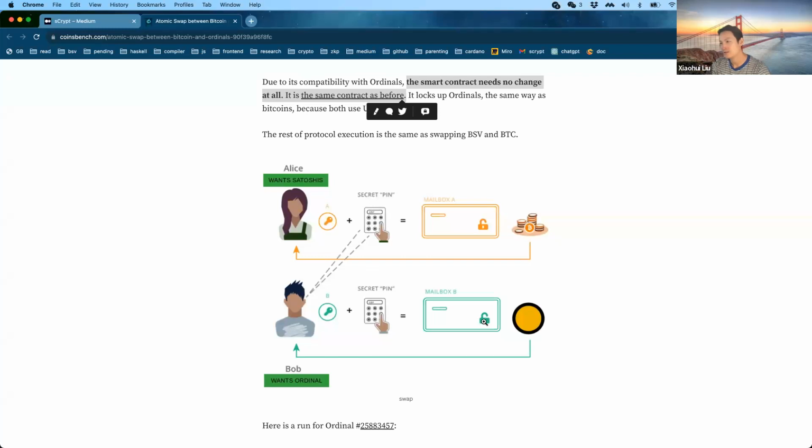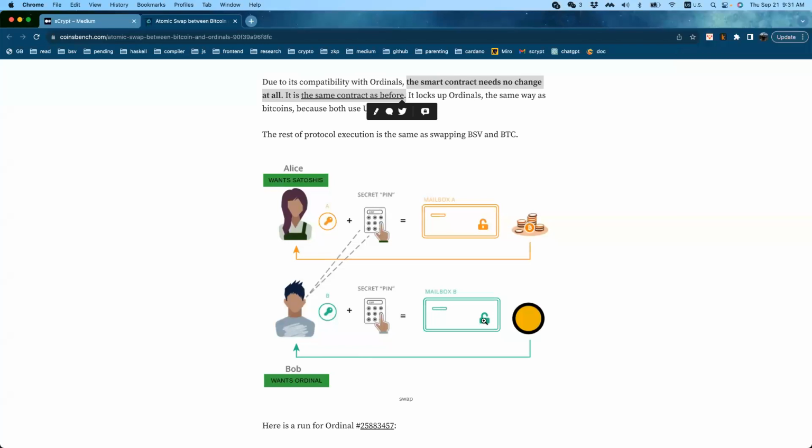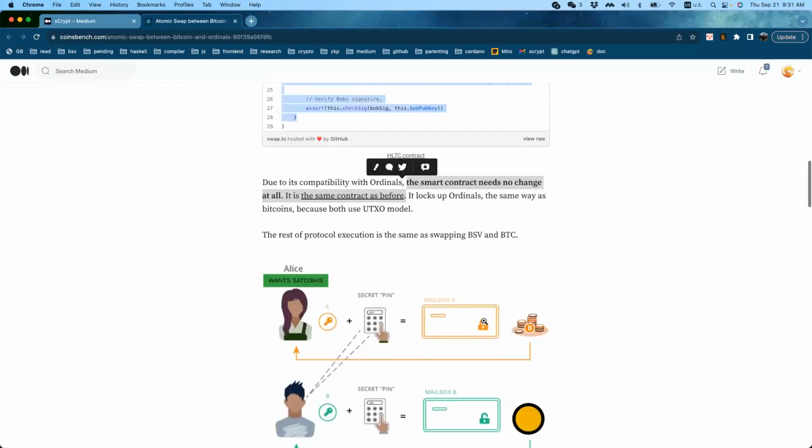So you are saying Alice must open mailbox B? Let me know if I got this right. There are underlying transactions. In this case, Alice wants satoshis and Bob wants the ordinal. So that means Alice is putting this ordinal for Bob in the mailbox, right?